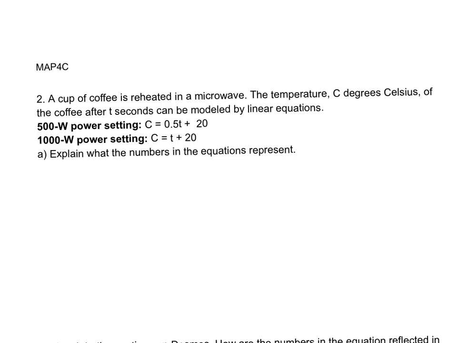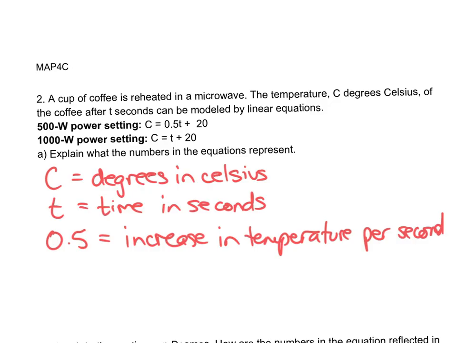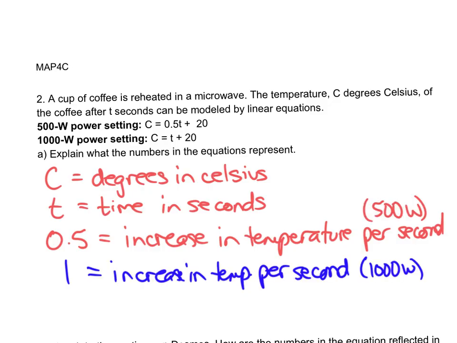The question told me that C was degrees in Celsius, so I am calculating the temperature of the coffee. T is time, which means that it's going to be changing per second over time. So in the 500 watt power setting, the 0.5 represents the increase in temperature per second. And then the 1 in the 1,000 watt power setting says that it is increasing 1 degree per second.